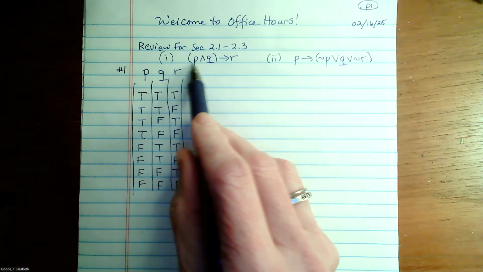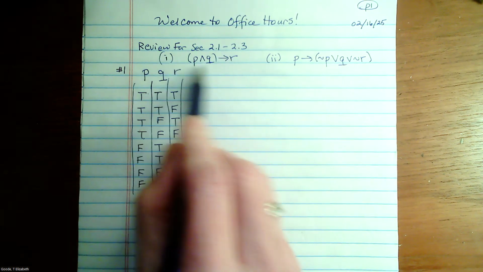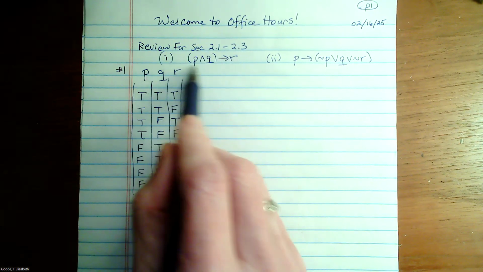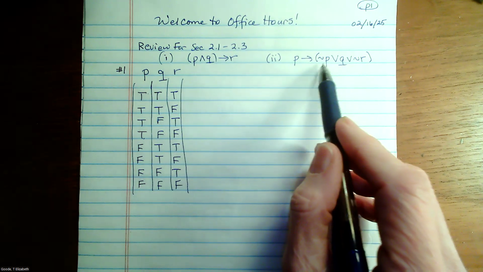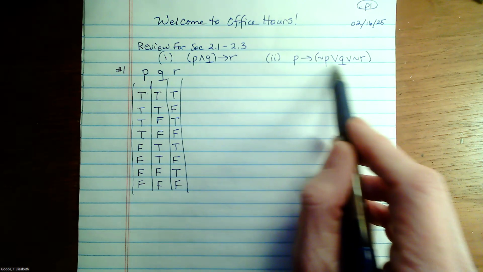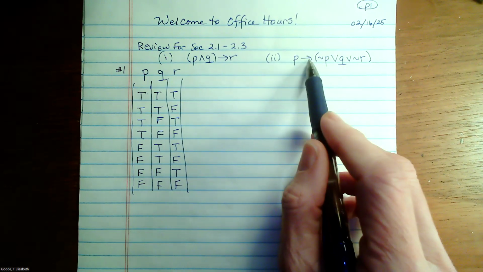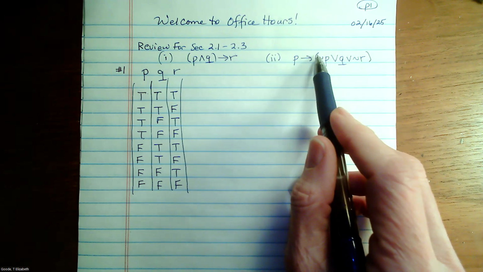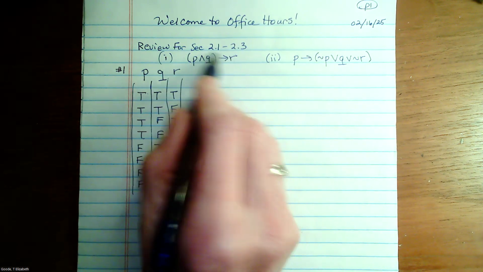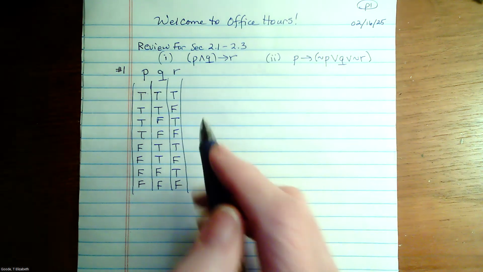When we scan this, there are a couple of different ways to approach it. We could build up the columns: first this, then the not P and not R columns, then the column for this conclusion, and then the column for P implies this conclusion. Would you like to do it that way, where we first build up to number one and then work on number two? Yes.